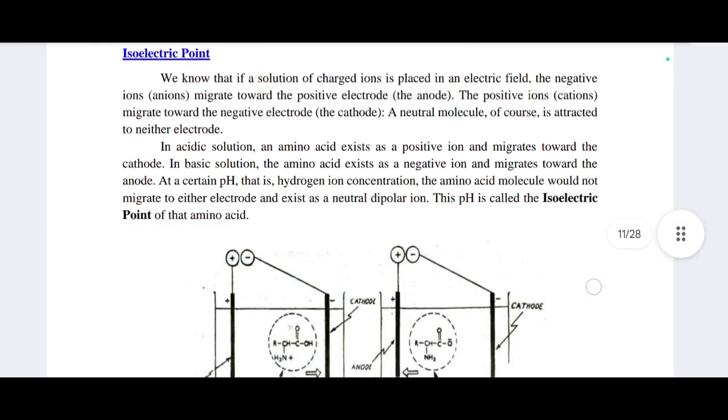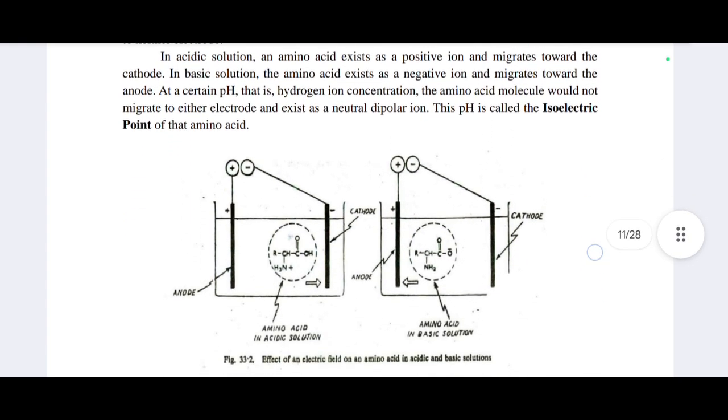In the case of amino acids, in acidic solution, the amino acid exists as a positive ion, so it migrates towards the cathode. On the other hand, in basic solution, the amino acid exists as a negative ion and migrates towards the anode. So we can maintain the pH of the electrolyte solution in such a way that the amino acid will not move to either of the electrodes.